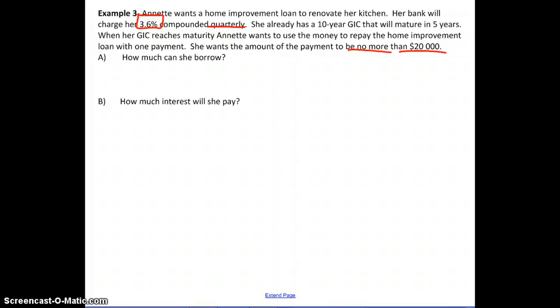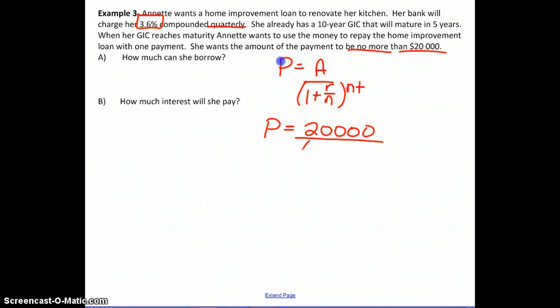So we'll use our second compound interest formula, which is P equals A over (1 plus r over n) to the power of n times t. In this case, we're looking for P. The future value that she needs can be no more than 20,000, so let's put down 20,000.